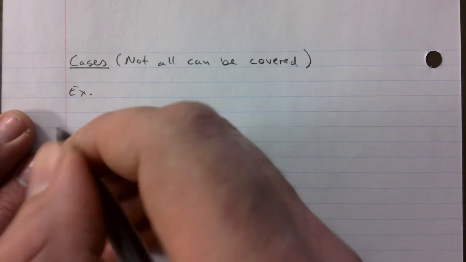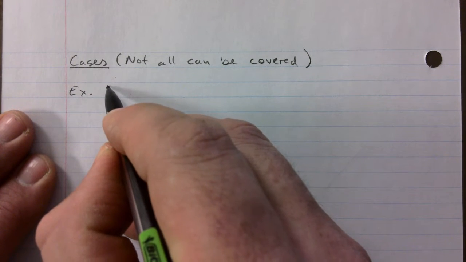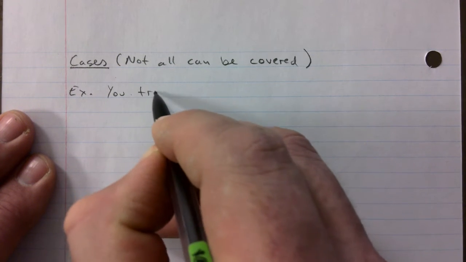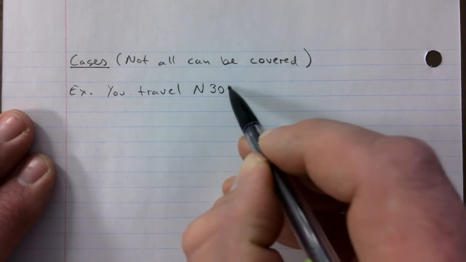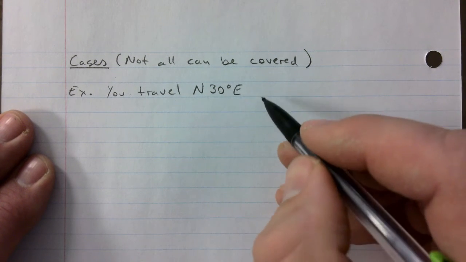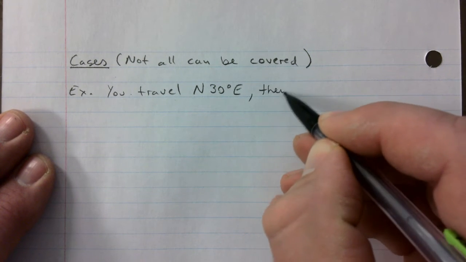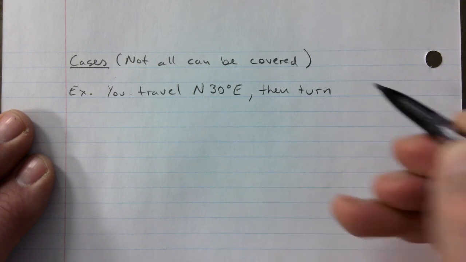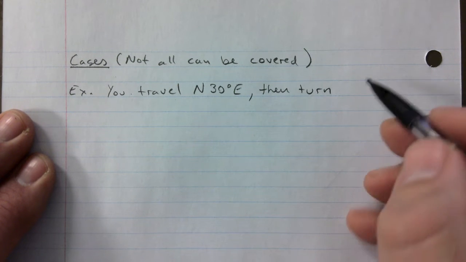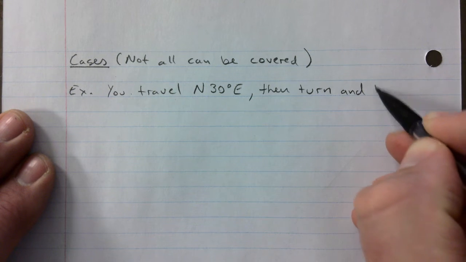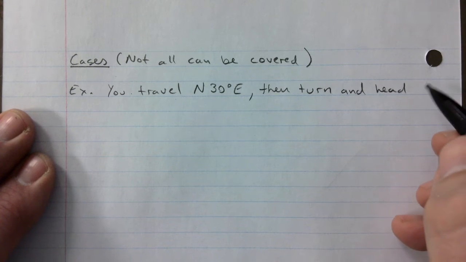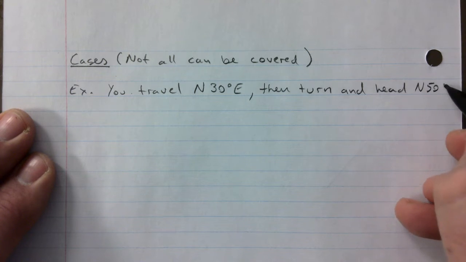So example, you travel north 30 degrees east, then turn and head north 50 degrees west.